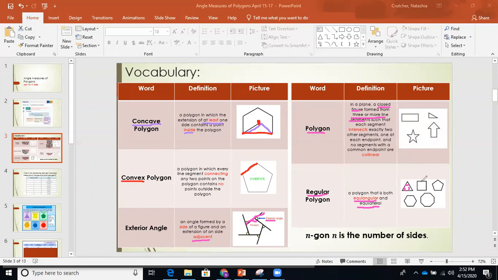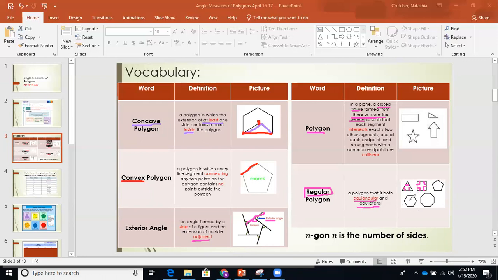Okay, that's a mouthful. Same thing with a square. We know that the interior angles of a square add up to 360, and we know that all of the angles and sides are congruent in a square. So 360 divided by 4 gives us 90. Same on all these. Anytime you see regular in front of a shape, that means all the angles are equal and all the sides are equal.